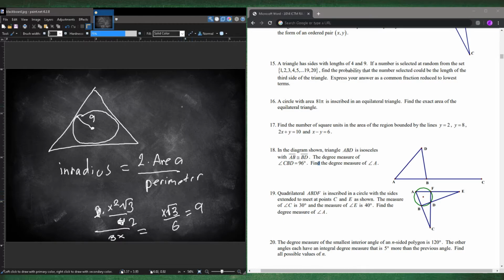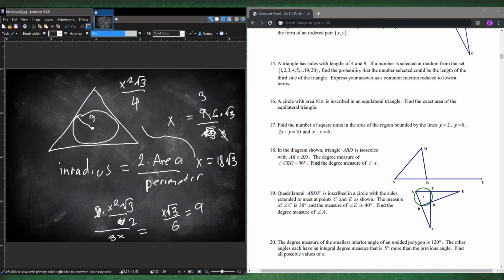Okay? So that means x is equal to 9 times 6 over square root 3, which is the same thing as saying square root 3 over 3. So this 3 cancels with this 9, which is a 3. So x is equal to 18 square root 3. So the exact area that we could plug in is x squared square root 3 divided by 4, right?